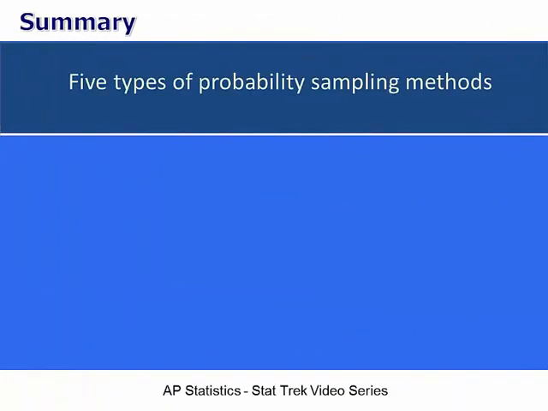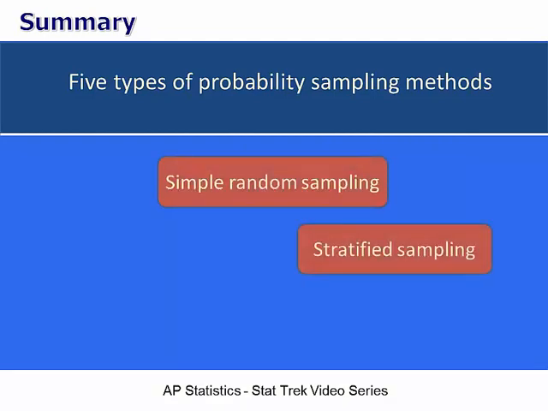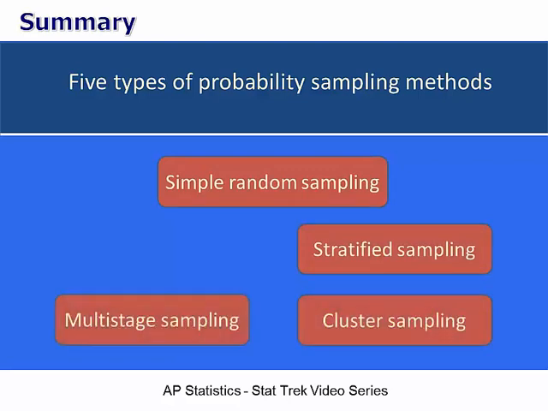And finally, we described 5 kinds of probability sampling methods: simple random sampling, stratified sampling, cluster sampling, multi-stage sampling, and systematic random sampling. All of these methods lend themselves to statistical analysis.